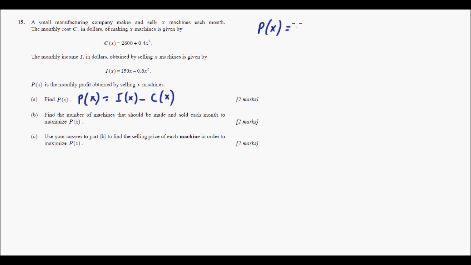So 150x minus 0.6x squared, minus, okay, and then 2600 plus 0.4x squared.